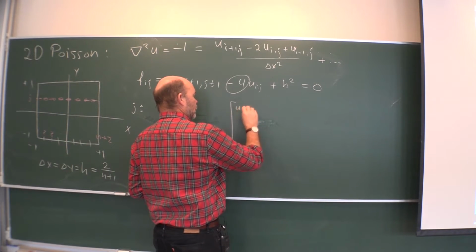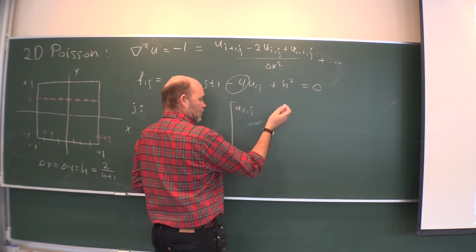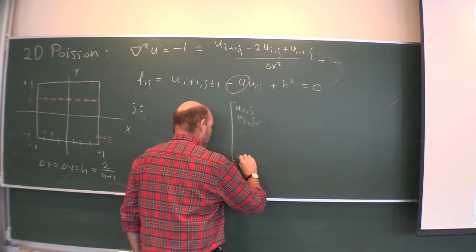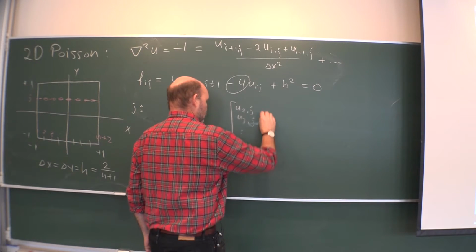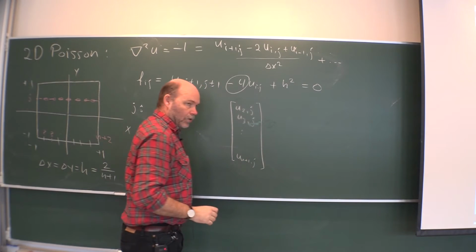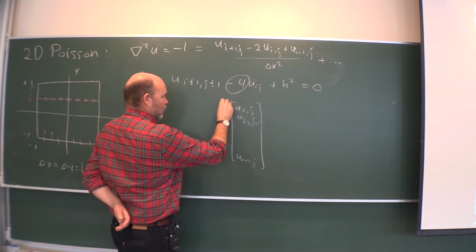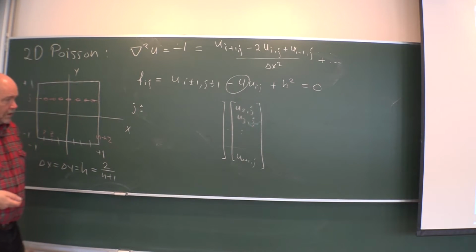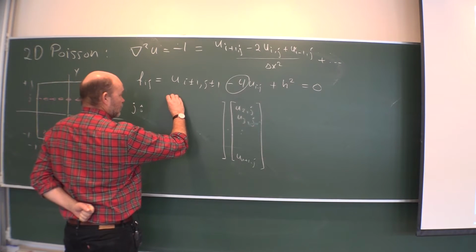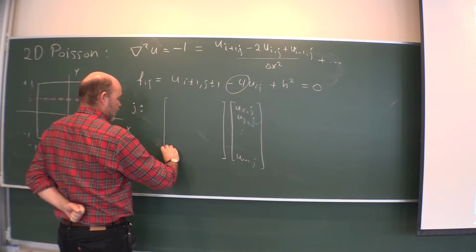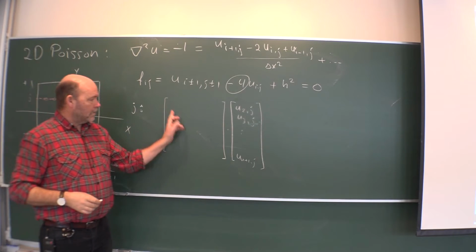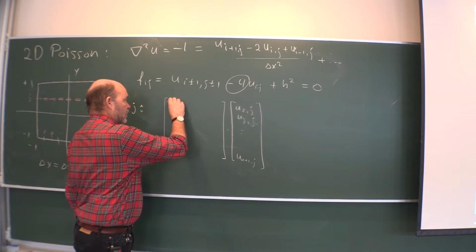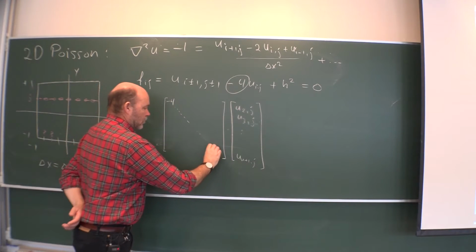So it will be U2,J, U3,J, all the way up to U(n+1),J. These are my unknowns. Should be multiplied with, and here comes the coefficient matrix. How will that one look? Well, for the main diagonal, we still have the value minus 4. So nothing has changed there. Minus 4 all the way down here.